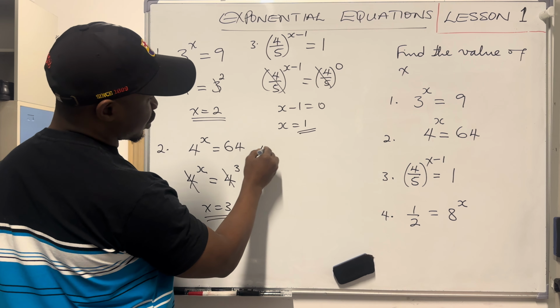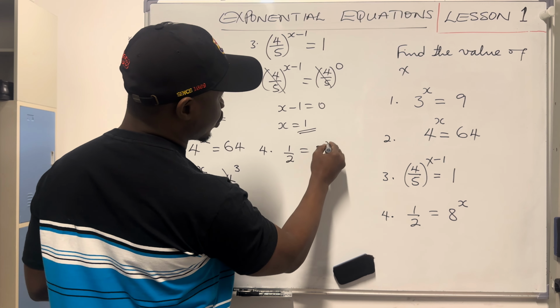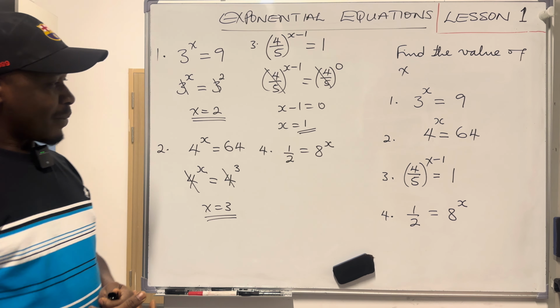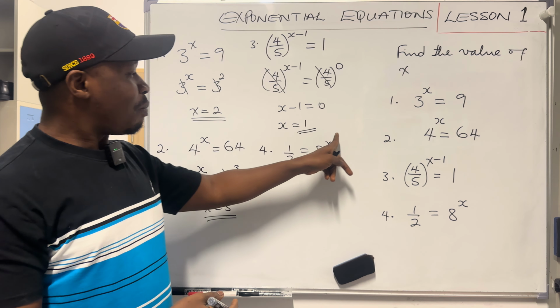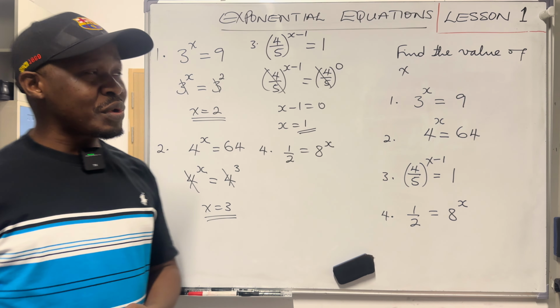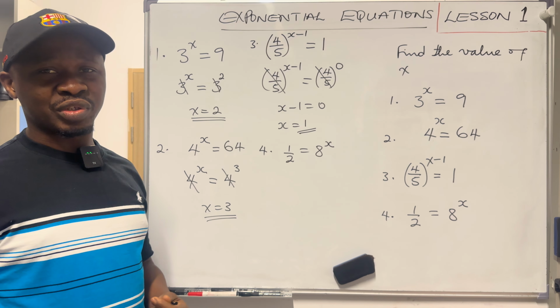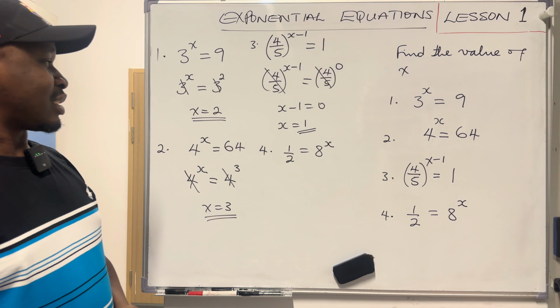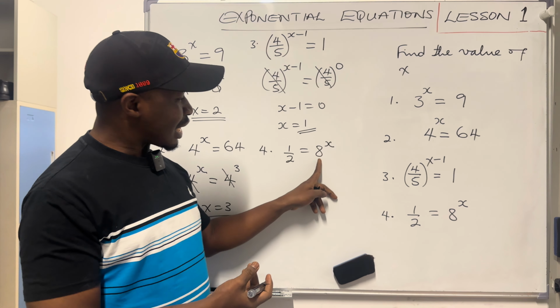So we come to the fourth problem that says a half equals 8 to the power x. All right, one term equals one term, and the power is the unknown. So we always think of exponential equations. We want the same base. Here is 8.